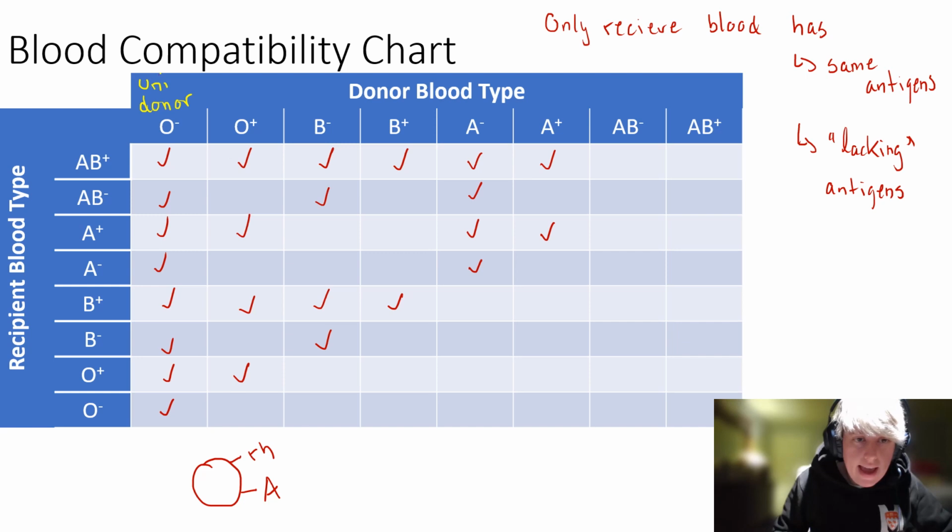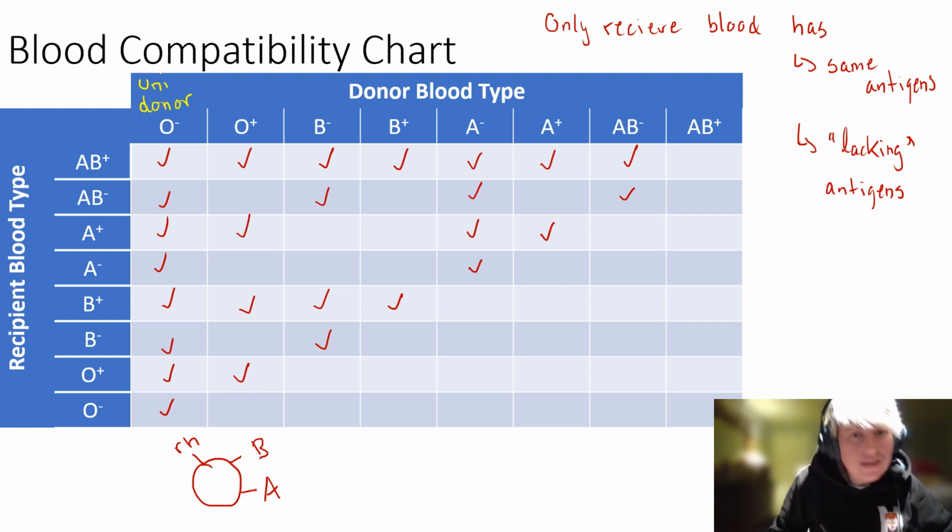Now, if we look at AB negative, AB negative has the A antigen and the B antigen, so it can give to itself and it can give to AB positive. Our last blood group is AB positive, and AB positive has all three blood antigens.